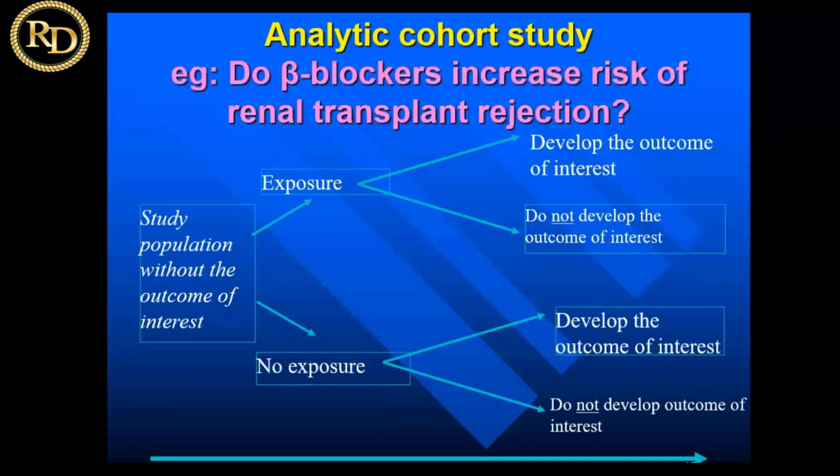See clearly here, we are seeing the different risk factors. In an analytical example: do beta blockers increase the risk of renal transplant rejection? Beta blockers are given to control the hypertension of patients.